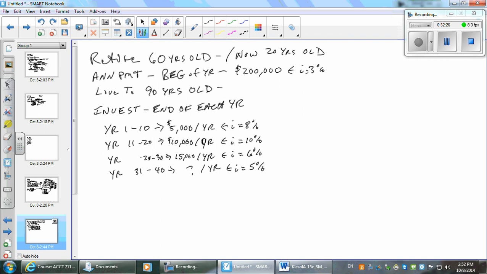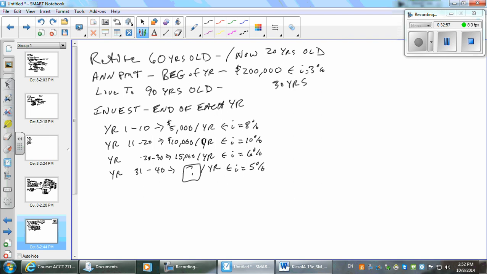Interest rate's 3% for the time that you're retired, right? So that's for 40 years, or wait a minute, 30 years, right? Okay, could you calculate that? All I want to know is this. What would you do? I think I've given you enough information to do it with.